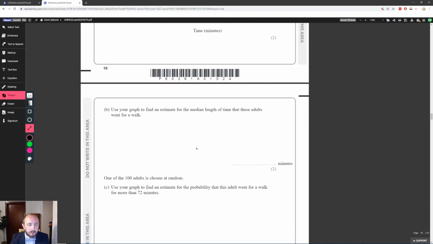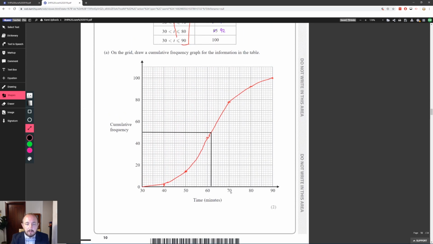One of the adults is chosen at random. Use your graph to find an estimate for the probability that they went for a walk for more than 72 minutes. So 72 would go up there. So that's 80, just over 80 there, we could say 81.